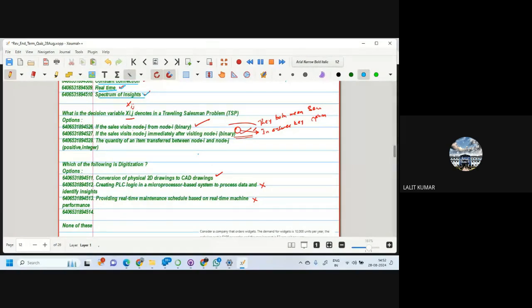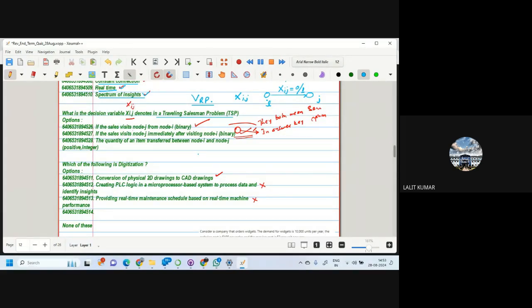What does the decision variable Xij denote in a TSP? Remember in VRP what we said, that Xij is if you are going from i to j. Xij could be 0 or 1, meaning whether you have to travel from i to j or not.